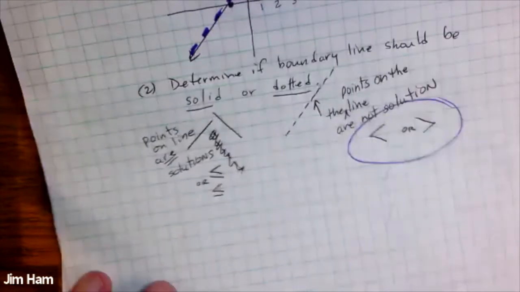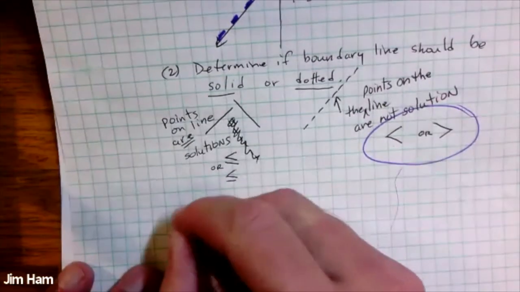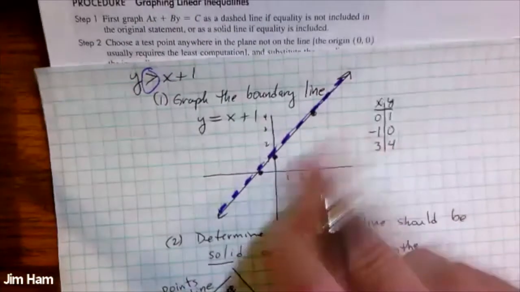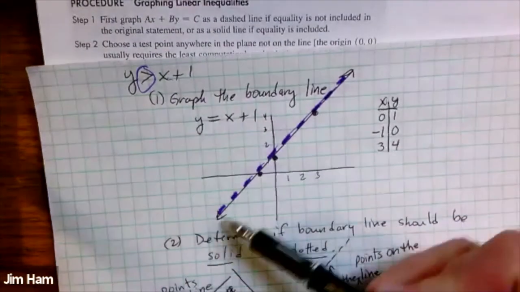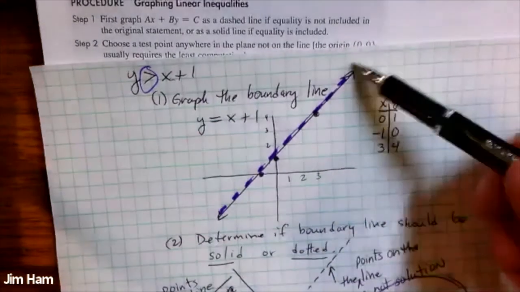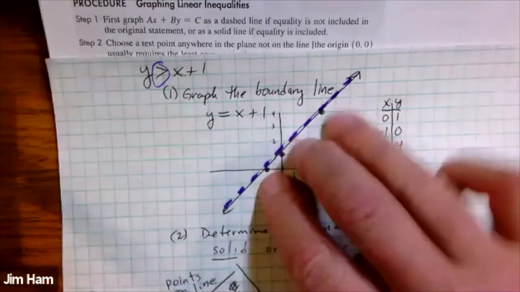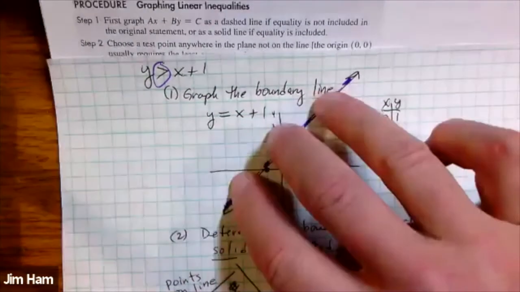Okay, so the final step is to determine which side of the line to shade. You've got two sides separated by this boundary line. The solutions will be, in an inequality like this, either everything below the line or everything above the line.